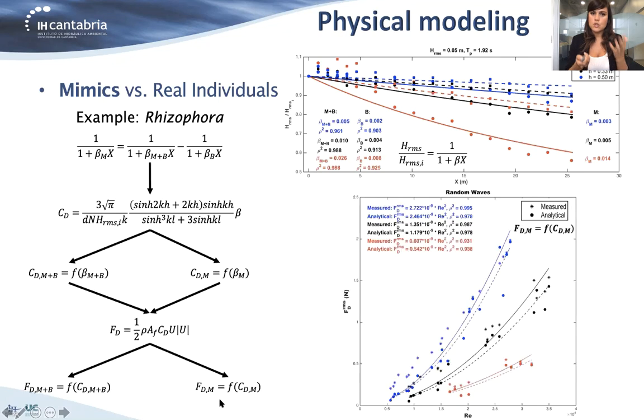The results show that the drag force analytically obtained by considering the beta coefficient that considers only the action of the elements, that is removing our facility friction, meets very well the drag forces directly measured on the mimics.